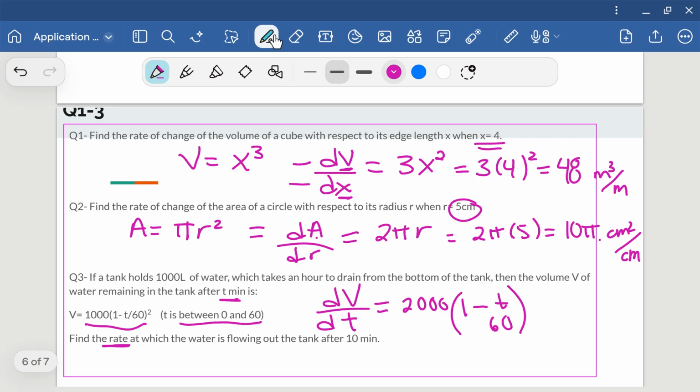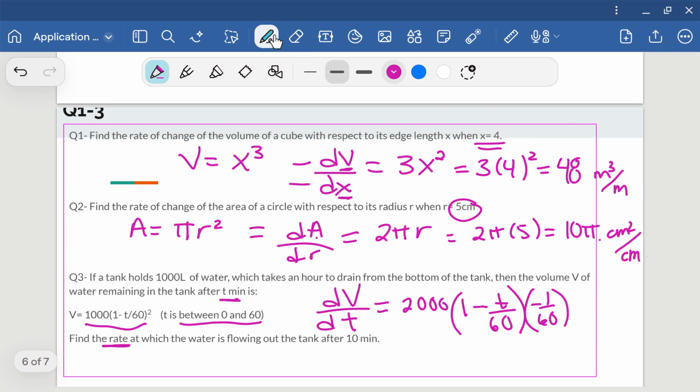So then we'll have to multiply by the derivative of the inside, and the derivative of the inside, right, 1 is just a constant, so that will go away, and then that t over 60, t would also end up being to the power of 0, so we'll have just negative 1 over 60 left on the inside.